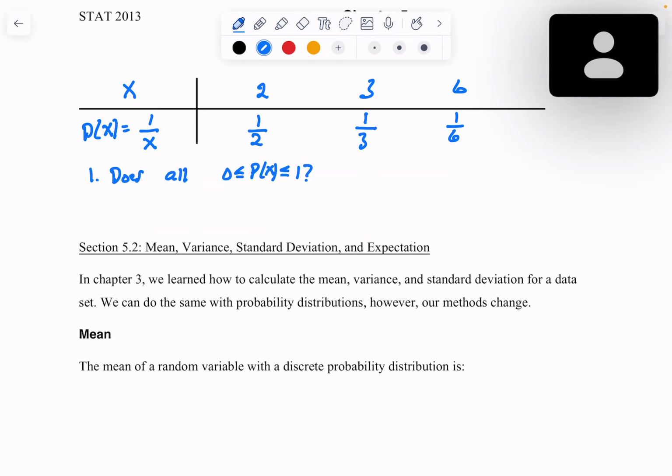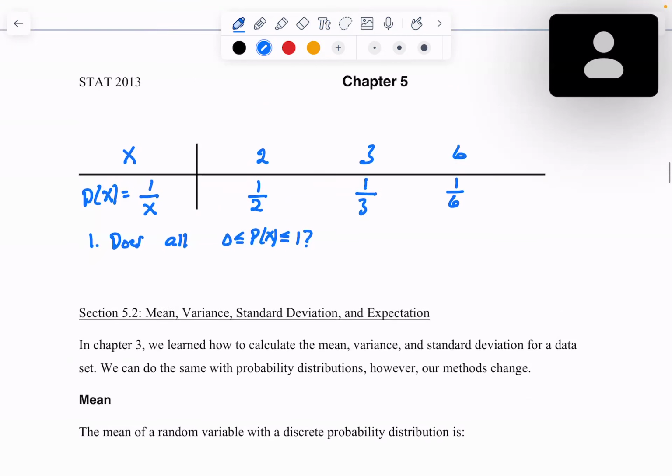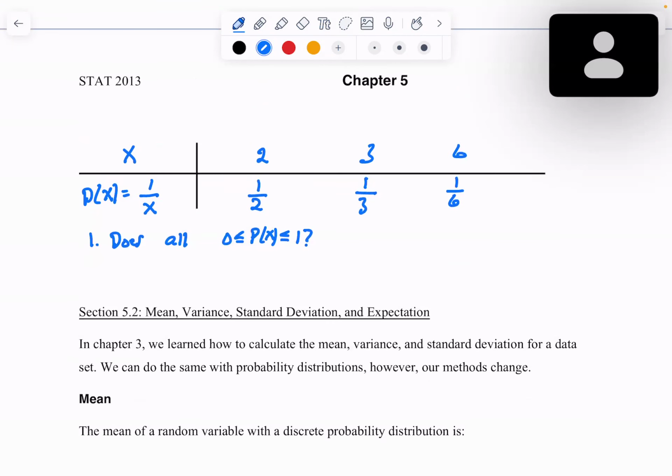Are all of these numbers up here between 0 and 1? At least the probabilities, not the numbers in the top, just the probabilities. Someone say yes or no. Yes, they are, right? So it satisfies the first condition.